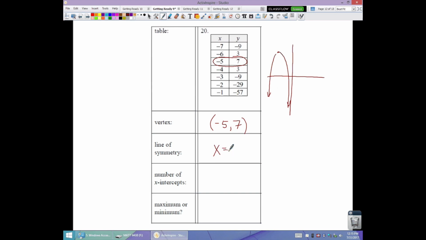It has a line of symmetry, x equals -5. It would have to have 2 x-intercepts. I don't know what they are, but somewhere between here and here, it does pass over 0, so 2. And it does this time have a maximum since it is open down.